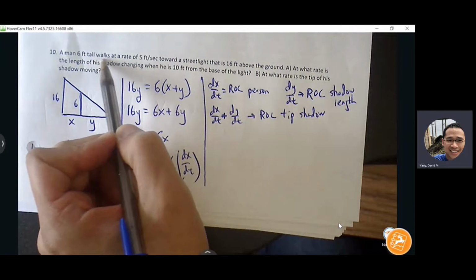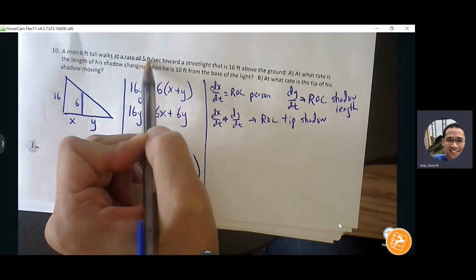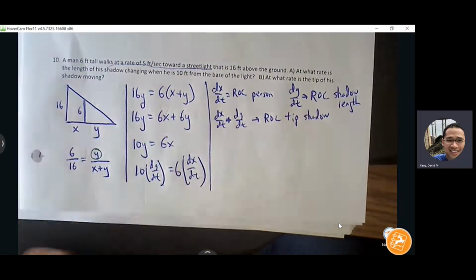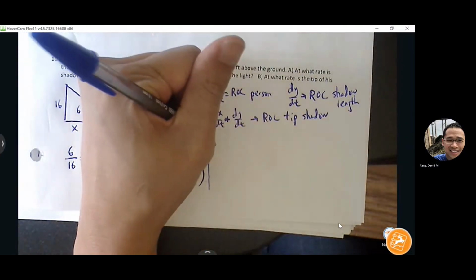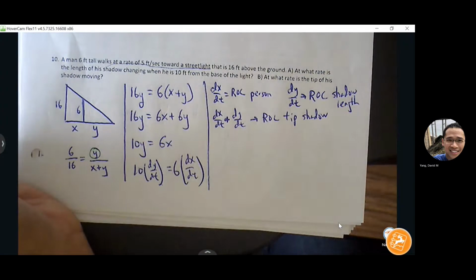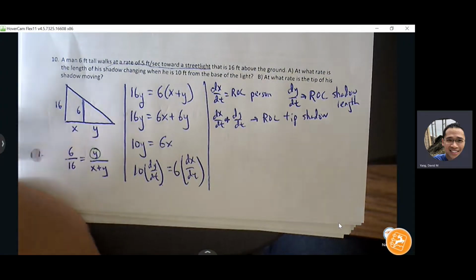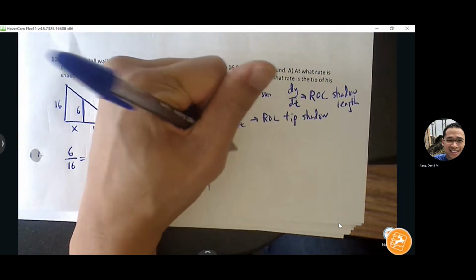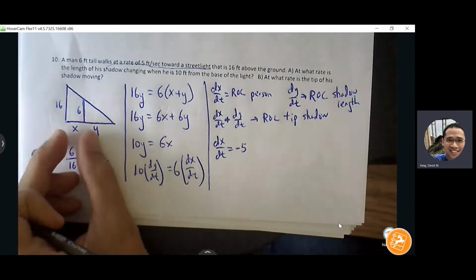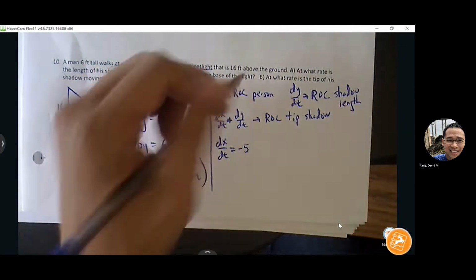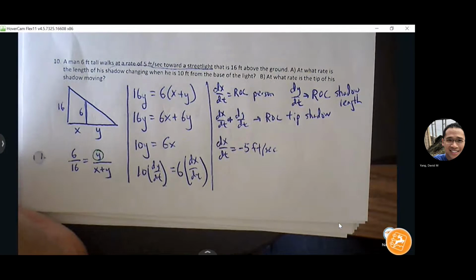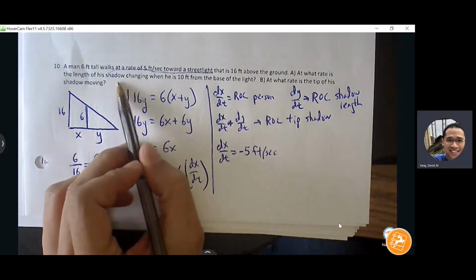Okay. A man walks at a rate of 5 feet per second towards a street light. What information is that? dx/dt. Anything special about that number? Negative, because walking towards the light, x is decreasing in length. At what rate is the length of the shadow changing?